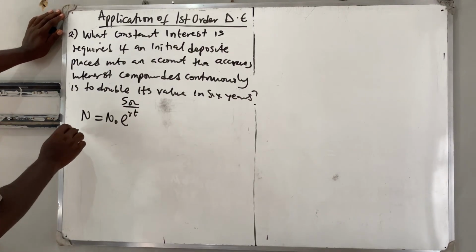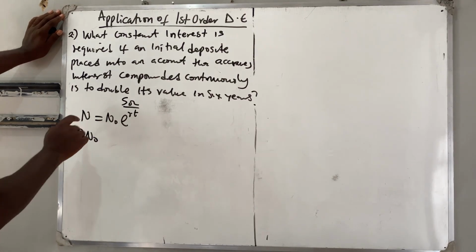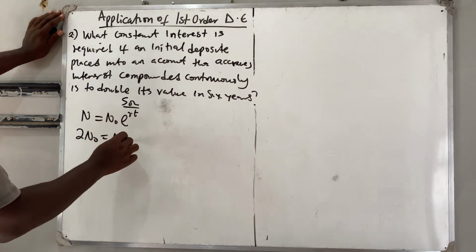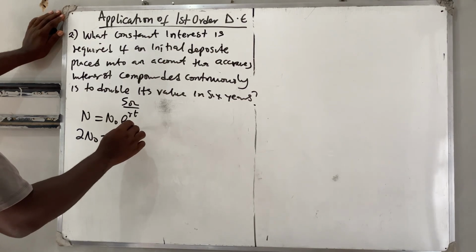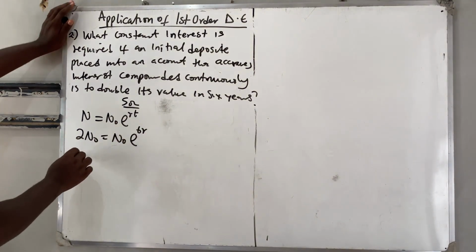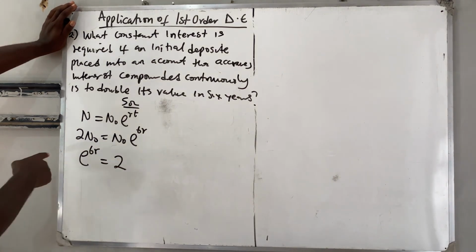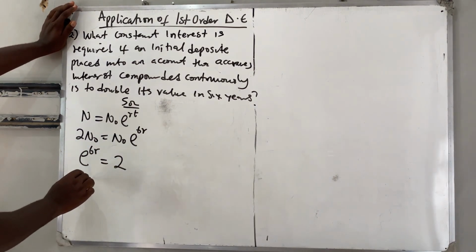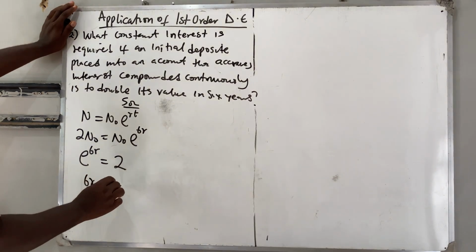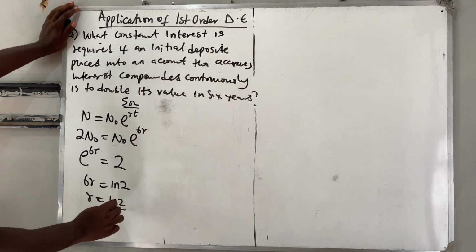So we're going to have 2 of n naught, the current one, equal to n naught exponential 6 times r. So if n naught cancels n naught, I'm having that exponential 6r is equal to 2. So taking the ln of both sides, 6r will be equal to ln 2. So our r will be ln 2 divided by 6.